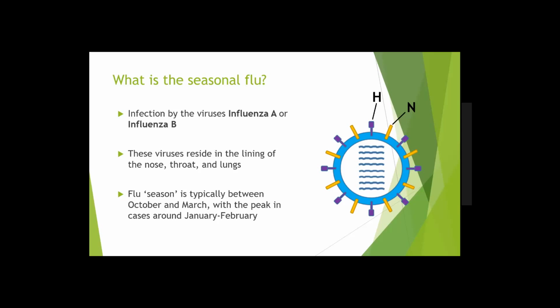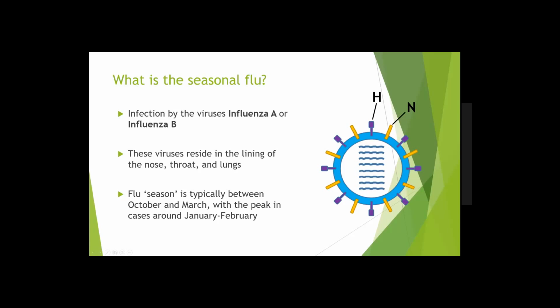This is just a stylized drawing of mine of a flu virus. I don't know if you can see my pointer, but this thick blue circle here is basically the shell of the virus. And inside it has 8 strands of RNA, which is its genetic material. And then these proteins on the outside, it has 2 proteins. They're referred to as H proteins and N proteins. You don't really need to know the full names.